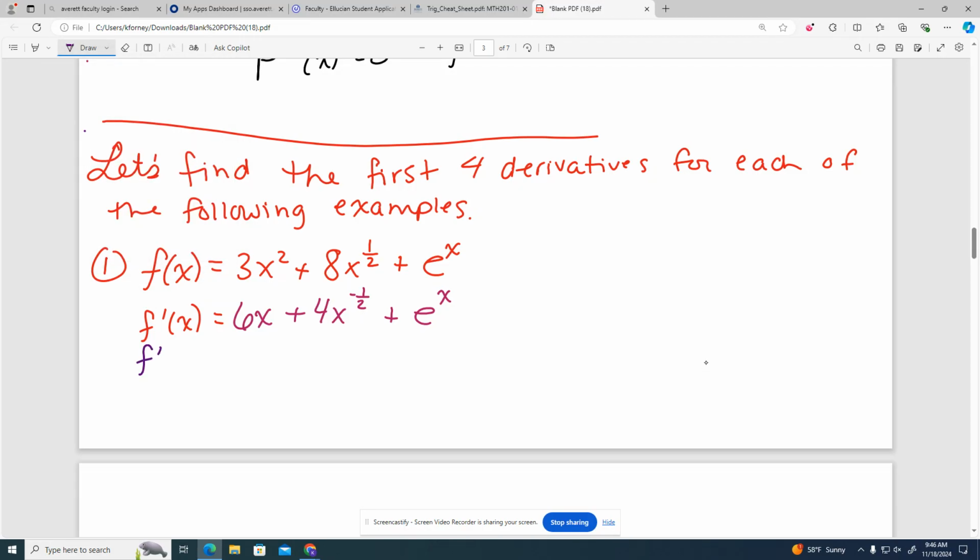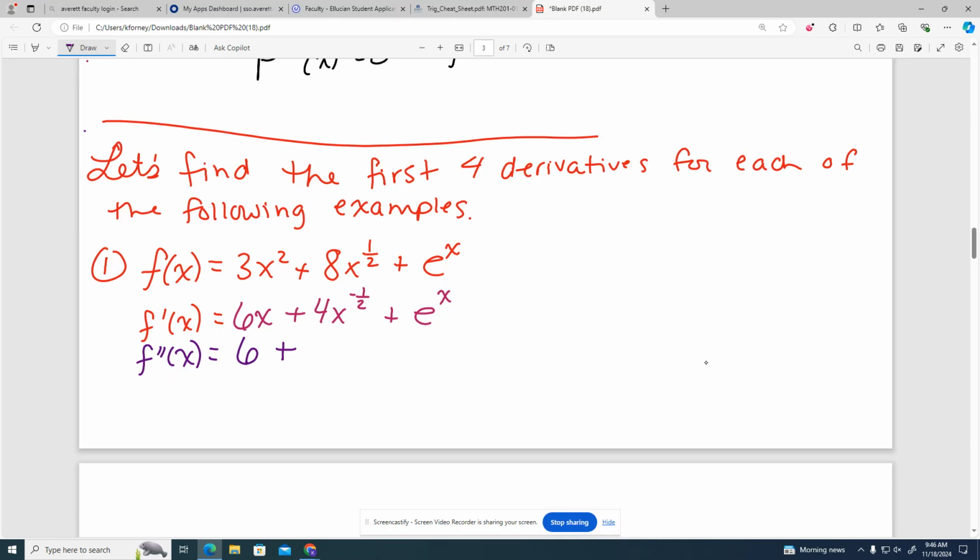So the second derivative. I guess I could have asked you, at what point will our 3x squared become 0? Which derivative will that be? The third. That's how I should have asked that. So now 6x, the derivative is 6.